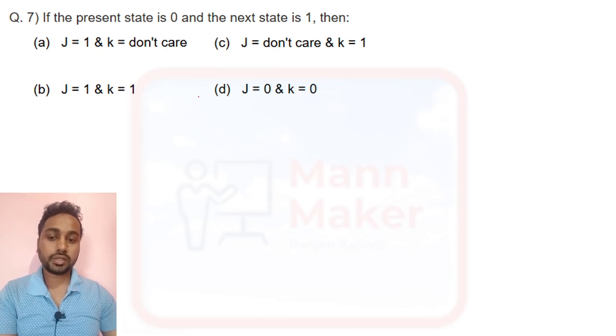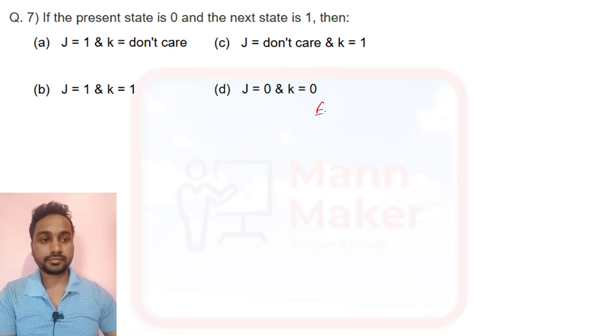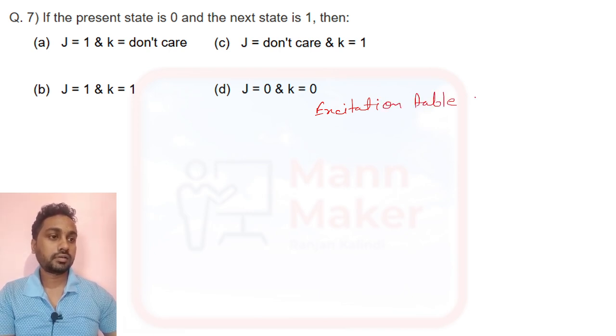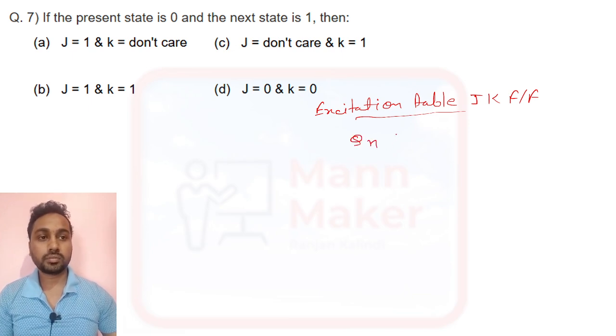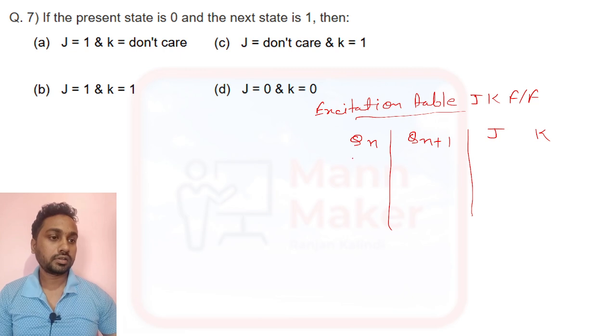So if you talk about the excitation table of a JK flip-flop, it will have Qn, that is the present state, and Qn plus 1, that is the next state. So the condition for JK is what? We have 0 0, 0 1, 1 0 and 1 1.